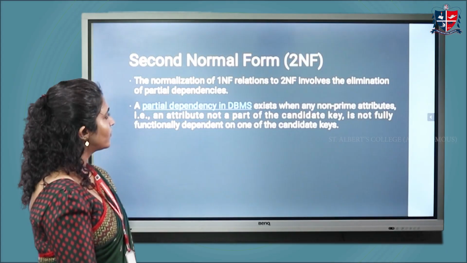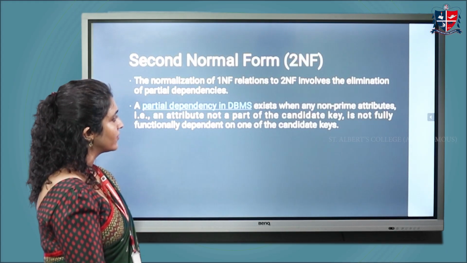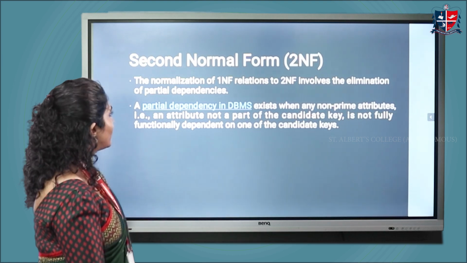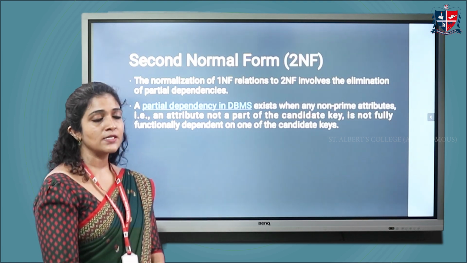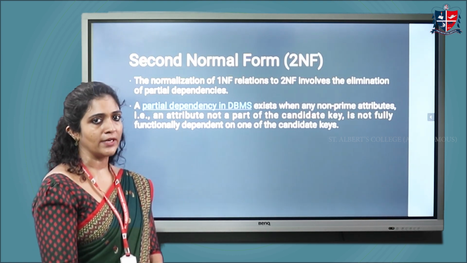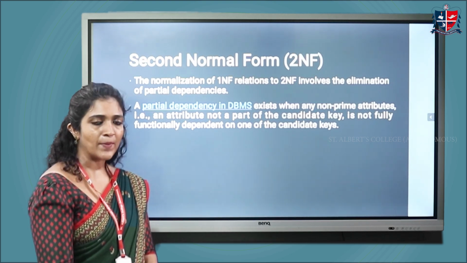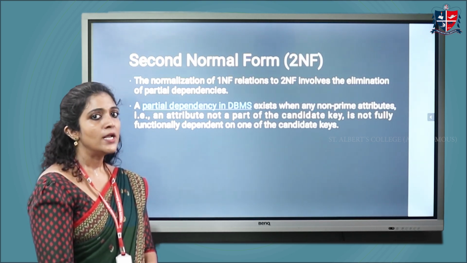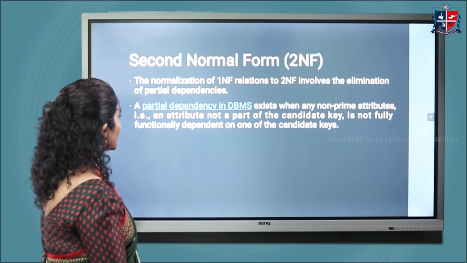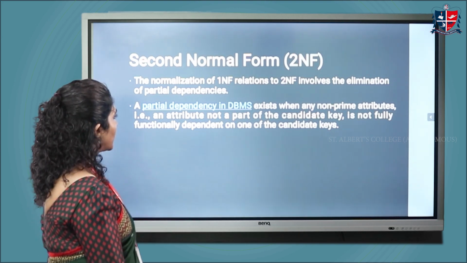The normalization of 1NF relations to 2NF involves the elimination of partial dependencies. That means in order to have a table in 2NF, it should be in 1NF first, and having this second normal form will reduce the partial dependencies. So what is a partial dependency?